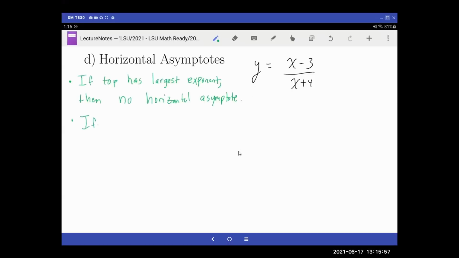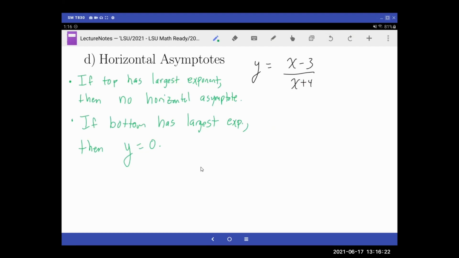If the bottom has the largest exponent, then the horizontal asymptote is y equals 0. So if we had, let's say, 2x to the 5th on the bottom there, that would be y equals 0 for the horizontal asymptote.